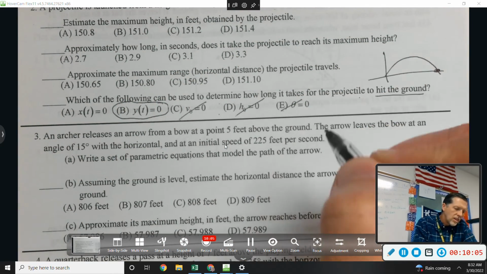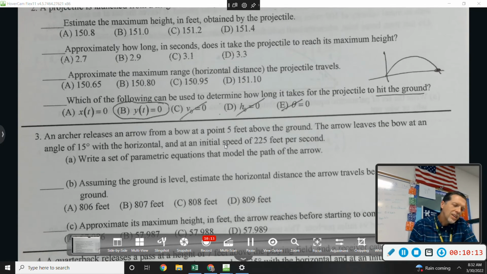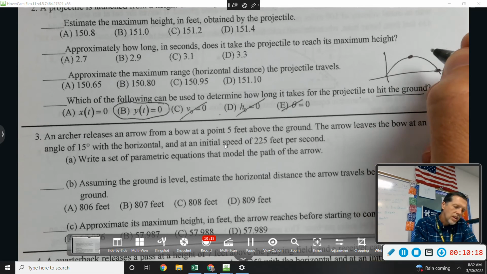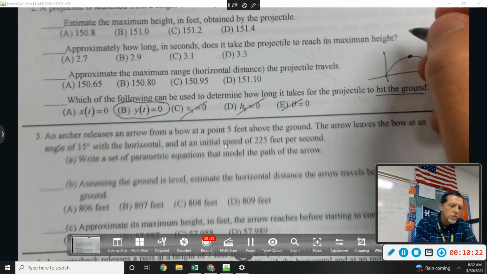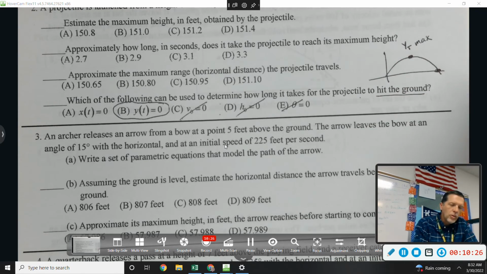And then how long would it take for it to reach its maximum height? Let's say would be y or x of t. Wait, ask that again. How long would it take to reach its maximum height would be x of t. Well, its maximum height is going to be, well, you want y of t to be a max. You want the biggest y of t.